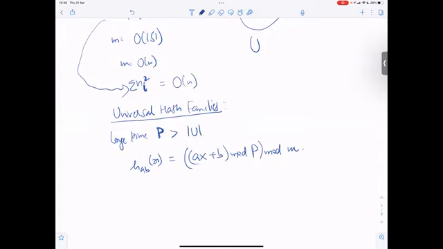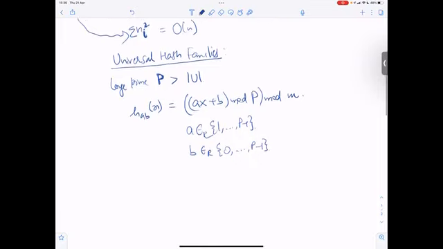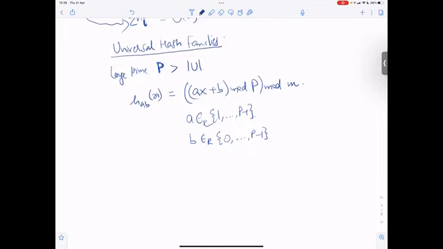Here a is a random non-zero quantity chosen from 1 through p minus 1, and b is a random quantity chosen from 0 to p minus 1. Okay, so is the definition of this hash function clear?